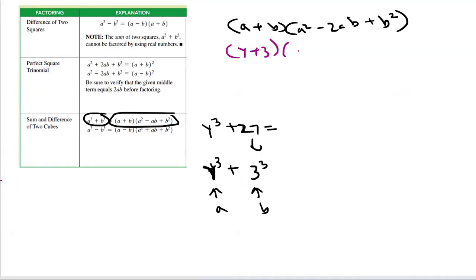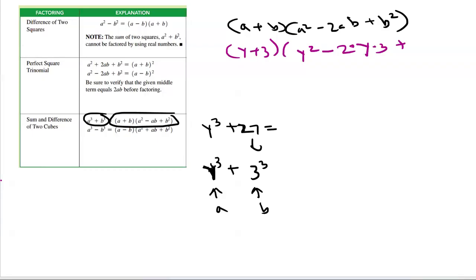All right, and then a again is y squared, and then ab, that's going to be y times 3.